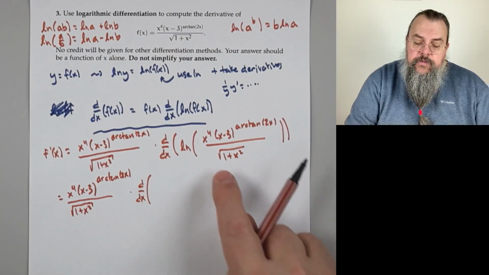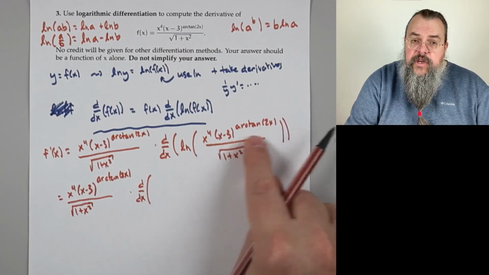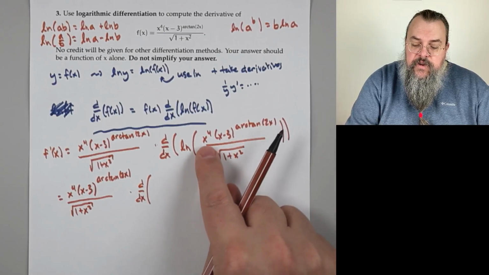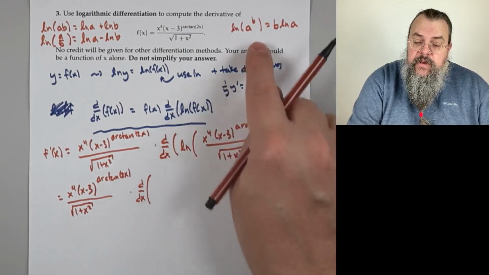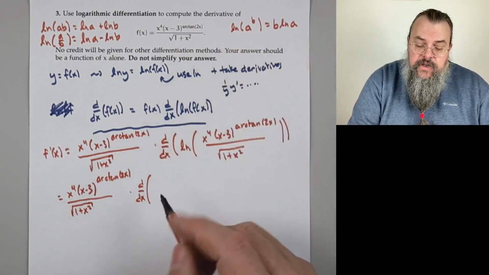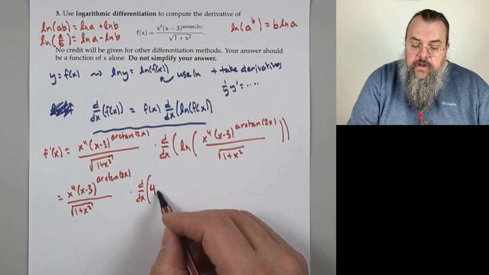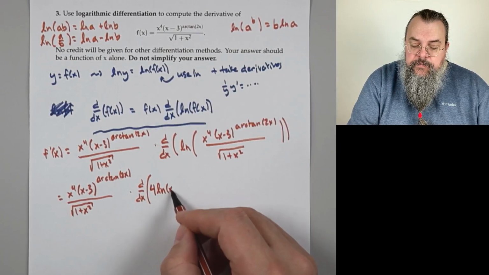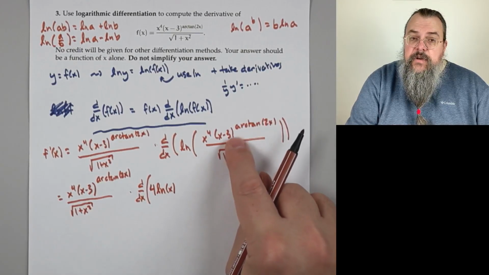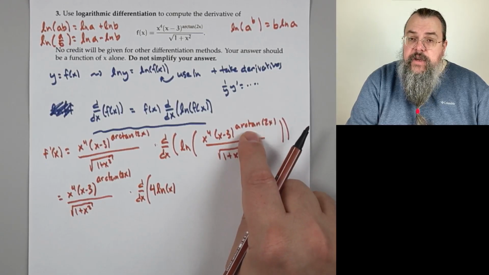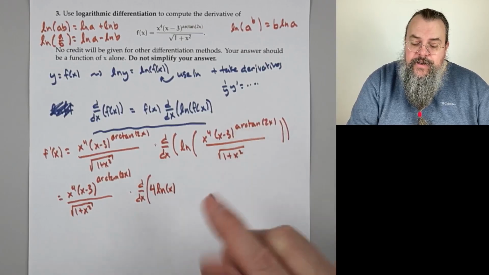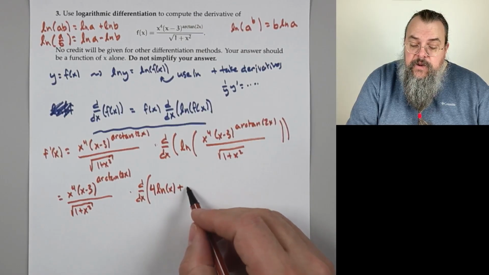Now, everything that's multiplying on the top gets its own term. So I say, okay, log of x to the fourth. But that's x to the fourth, there's a power, so that becomes 4 log x. Go to the next term. Okay, I'm going to have this term, x minus 3 to the power arctangent 2x. But wait, there's a power. So that comes down.